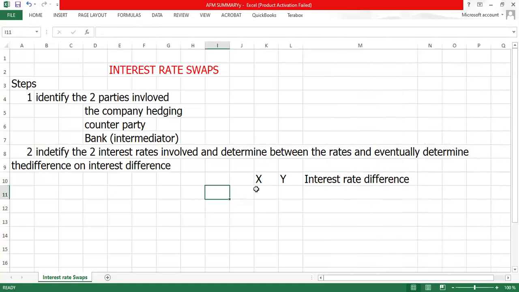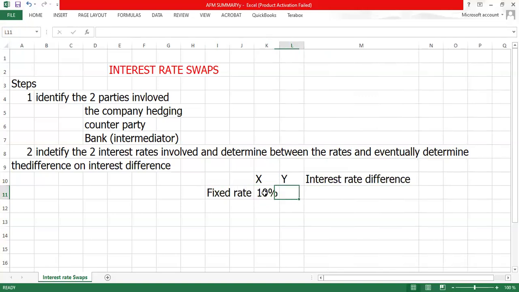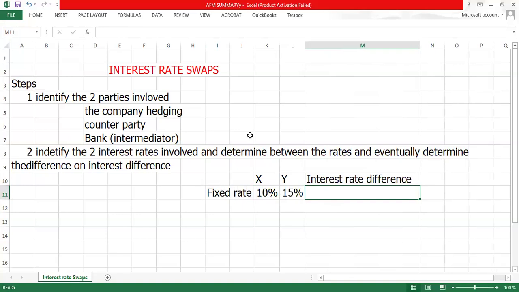If it's company X, of course you need to identify, let's say, the fixed rate. What is the fixed rate for company X, the company hedging? If the fixed rate is 10, then what is the fixed rate of the other counterparty? It could be, let's say, 15. Then look for the difference. The difference will be 5.